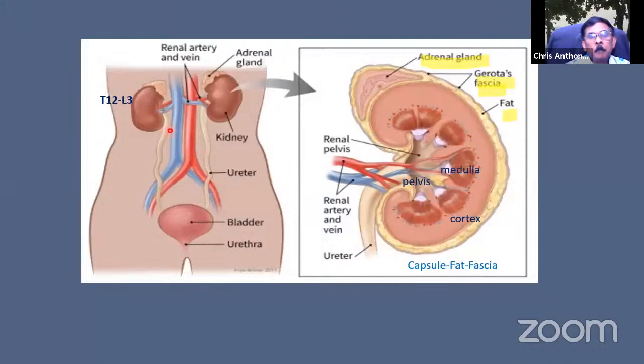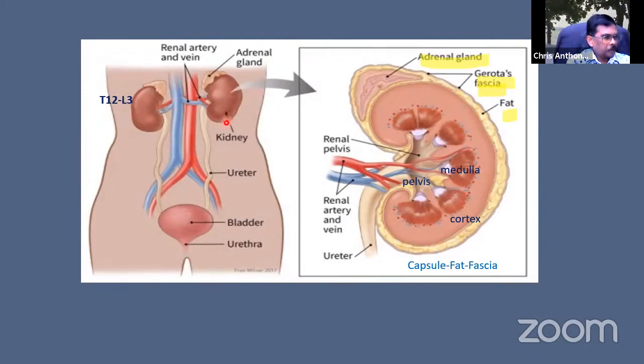The urinary system consists of a pair of kidneys in the upper abdomen, the ureters, which join the kidney to the urinary bladder which is located lower down in the pelvis, followed by the urethra. The kidney is located in the upper abdomen.